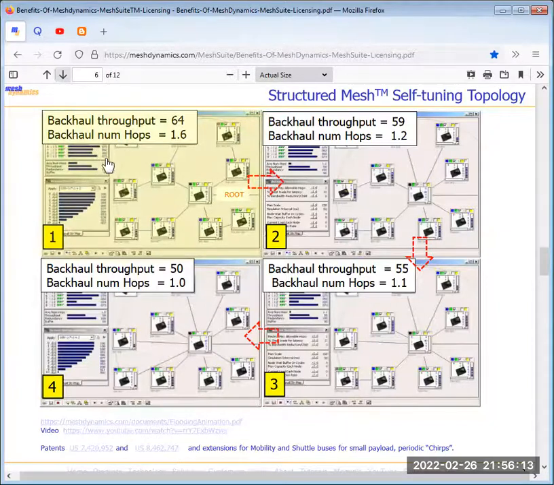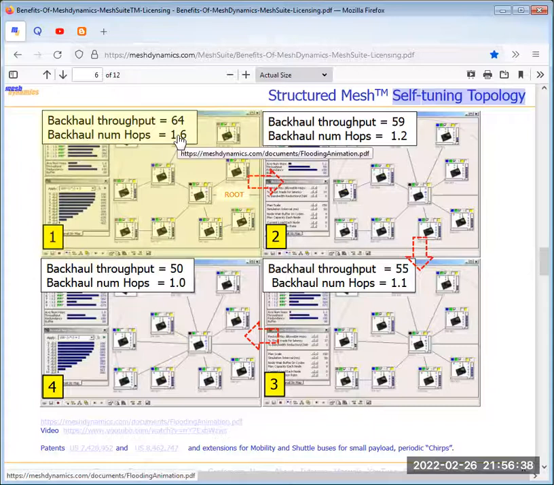So the simplest way to explain this is that the self-tuning topology has been given a decision to make. We see that the application traffic is starting to become closer to low latency, which means that the backhaul number of hops, which is a measure of latency, needs to be decreased.